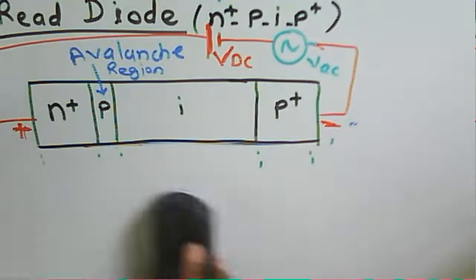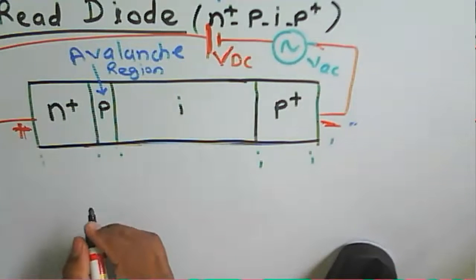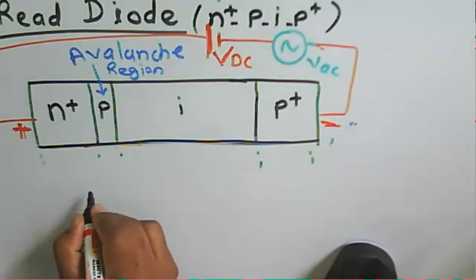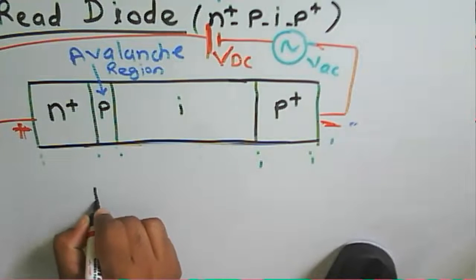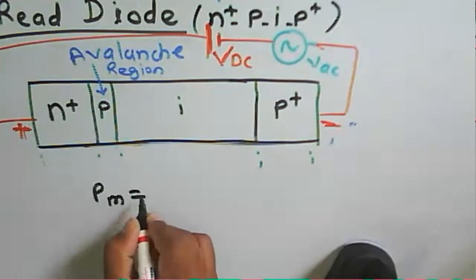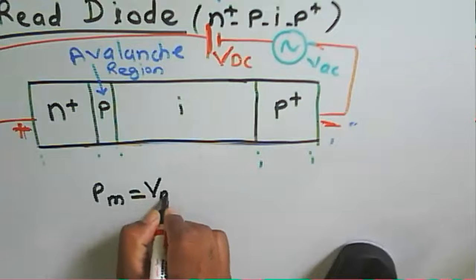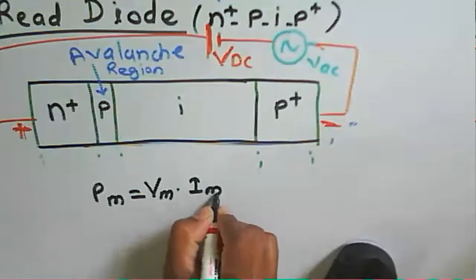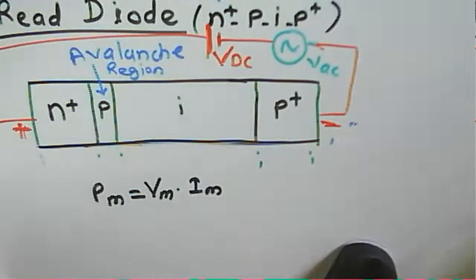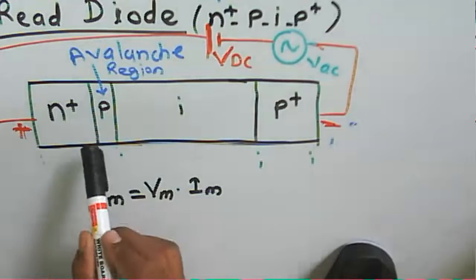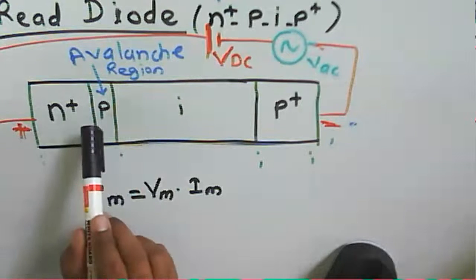Then we talk about the power. The maximum output power can be expressed as PM, with respect to VM and IM. For a given frequency, the maximum output power of a Read diode depends upon what type of material we use and what the impedance levels in the microcircuit are.